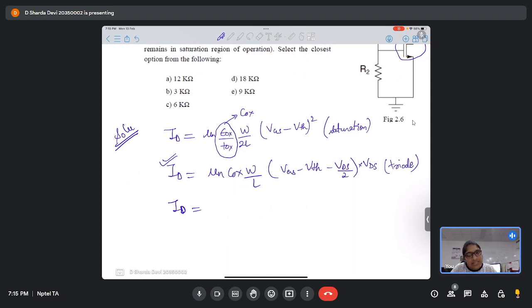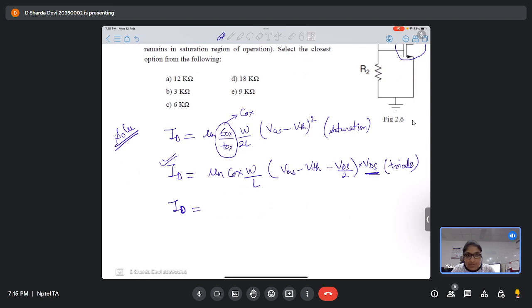What is the condition that makes the transistor be in saturation, triode or linear region? Pinch off occurs when VDS becomes greater than VGS minus VTH. So that is for saturation. The factor that defines the operation is this VDS, right?